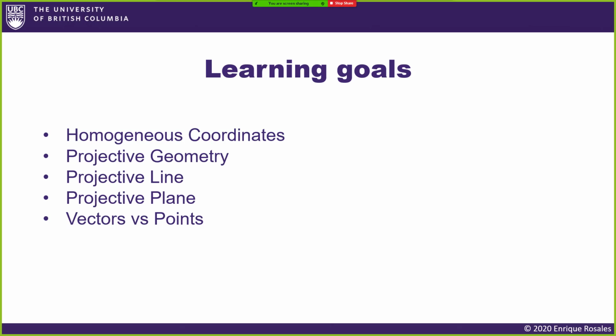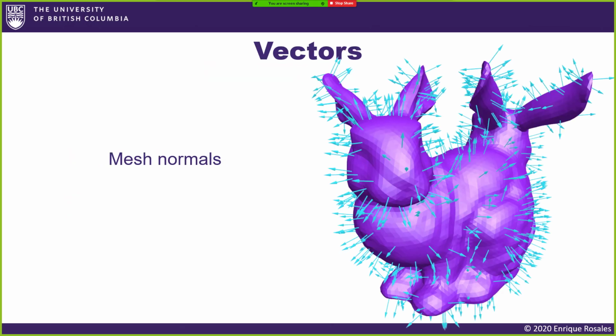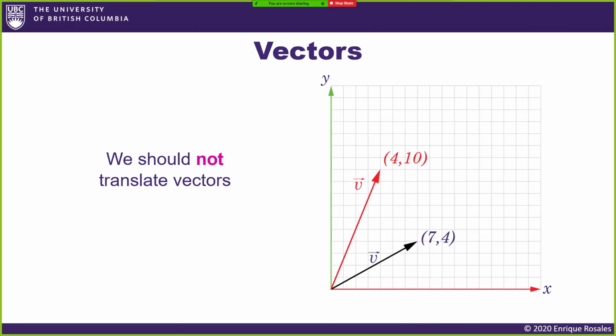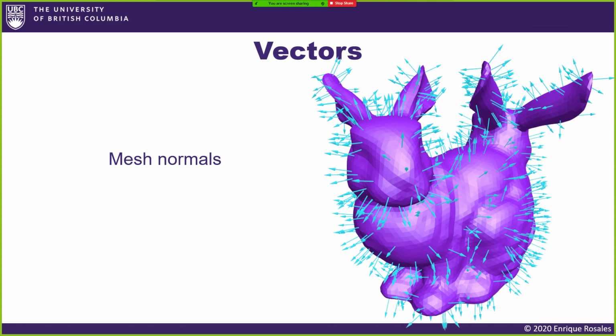Okay. So we were talking about what happens when we transform vectors in the wrong way, in this case, when we translate vectors. Remember, vectors indicate direction or motion.